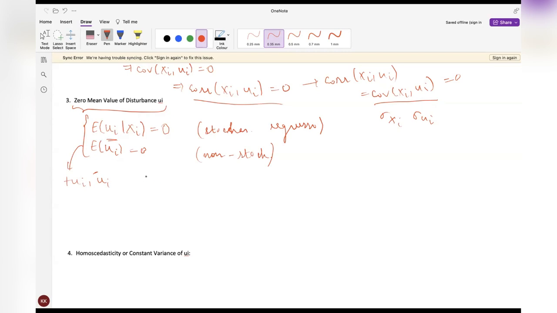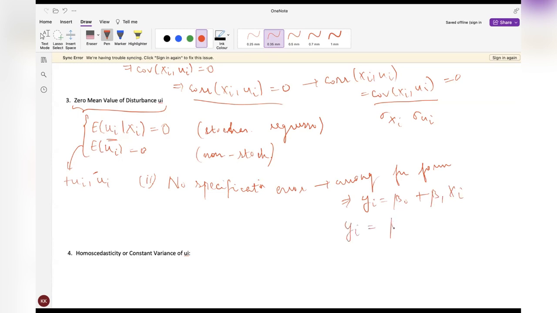The next implication of this assumption is that there is no specification error. Now, when do we have a specification error? We have a specification error if we take a wrong functional form. Let's say this was my correct model, beta naught plus beta 1 x, but I have included a model which is beta naught plus beta 1 log of x.